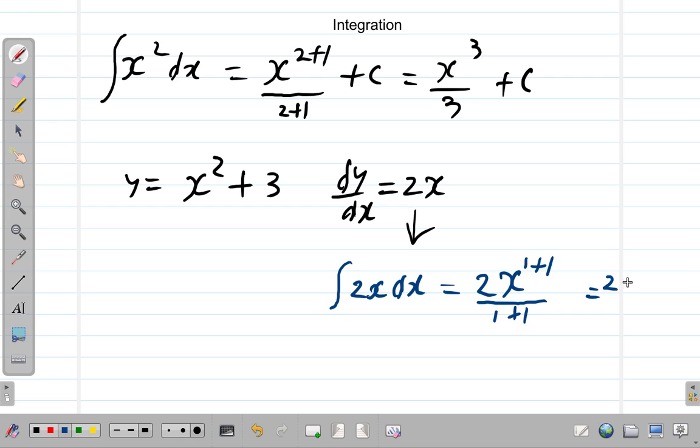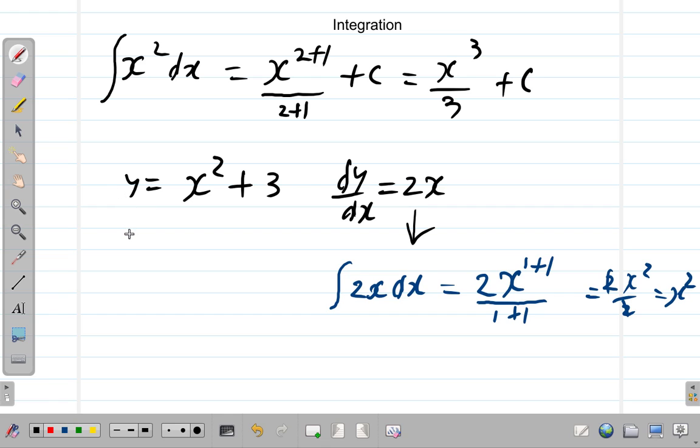It's 2x squared over 2. 2 cancel 2, so you have x squared. Alright, good. Hold on. You differentiated x squared plus 3 and you get 2x. But when you integrate 2x, you did not get x squared plus 3. Interesting.